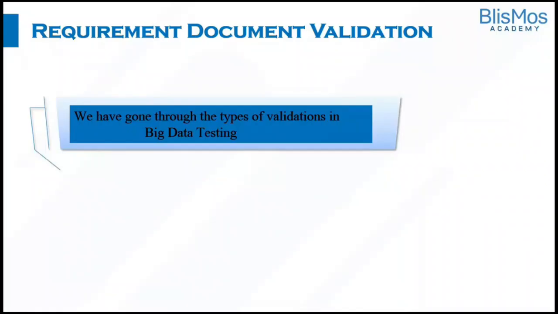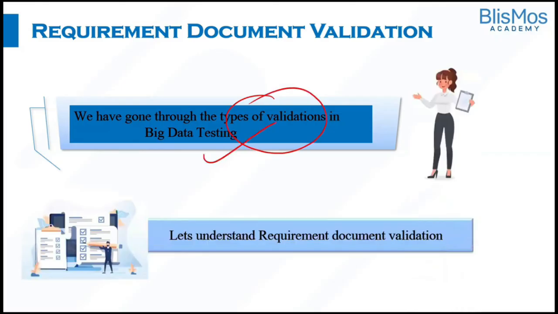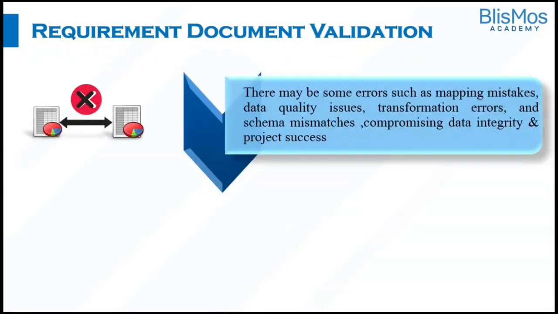Just to recollect, in the previous video, we understood the different types of validations in big data testing. Now, as a part of this video, we'll understand the requirement document validation. When you are coming out with the requirements for big data, you're bound to have some issues, right?